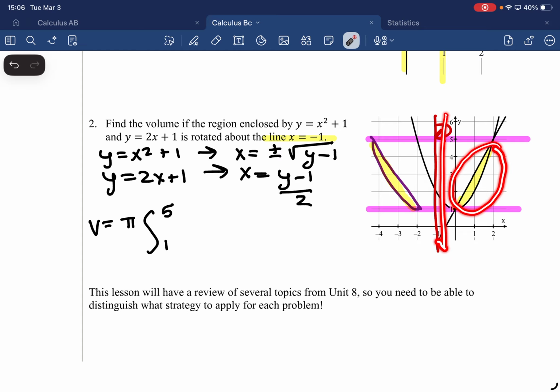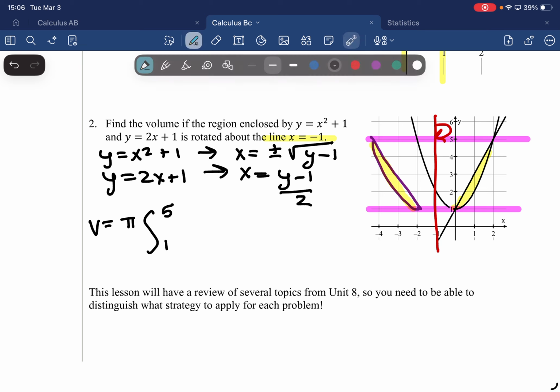Out of those two functions, which one is on the outside? The curve or the line? The curve. So this is going to be the square root of y minus 1 minus negative 1, squared. That is the outside function on the right, which is the curve, minus the left function, which is that x equals negative 1 line.